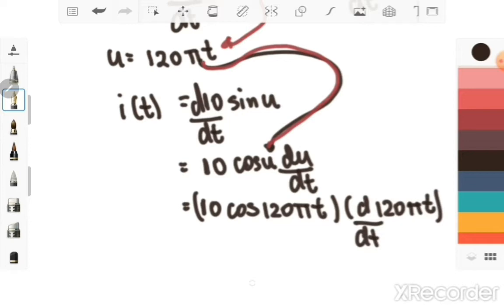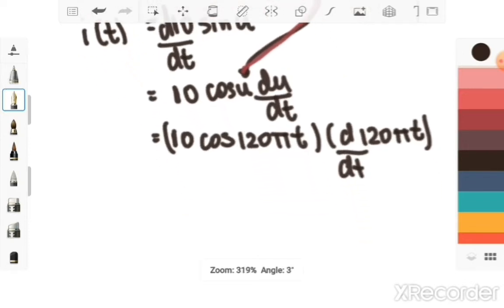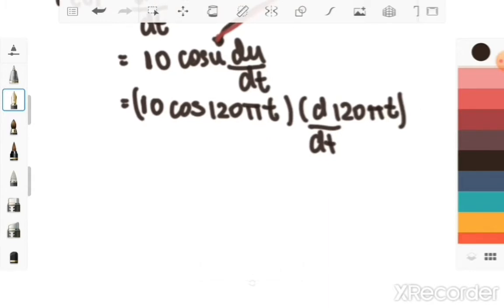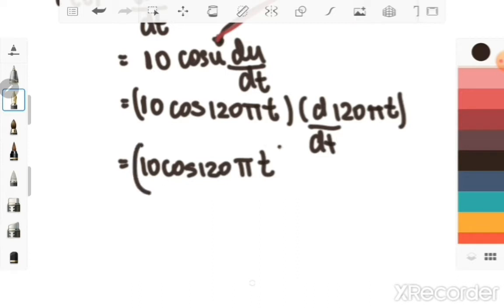So after modifying your equation, let's get the answer. It is equal to 10 cosine 120 pi t multiplied by the derivative of 120 pi t, which is equal to 120 pi, right?